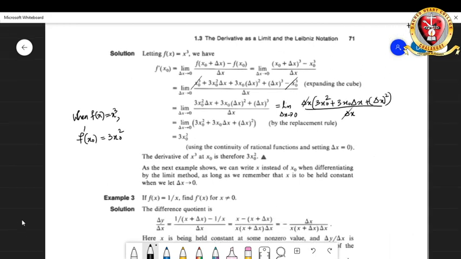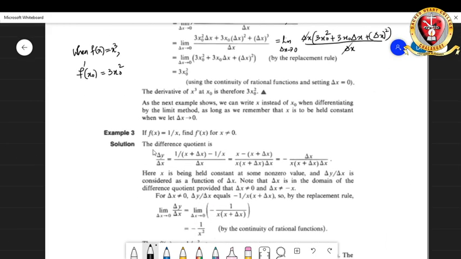Now example 3 asks us to find f dash of x for x not equal to 0 when f of x is equal to 1 by x. So first you have to find the difference quotient. Delta y by delta x is equal to, you have f of x is equal to 1 by x.